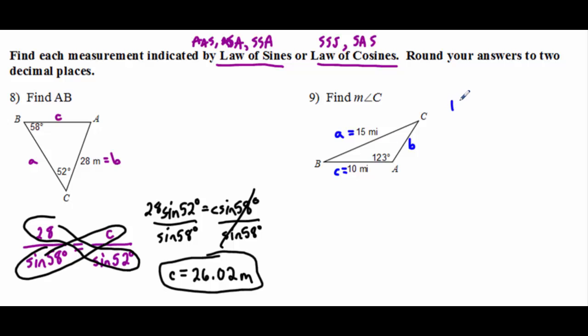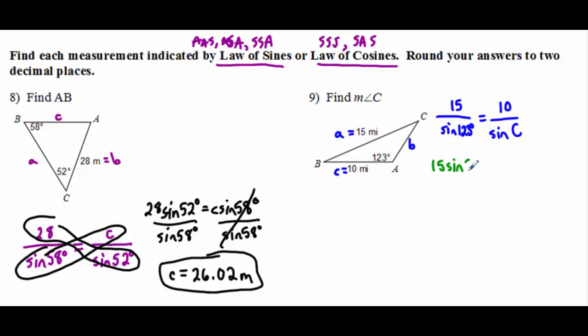So I'm going to put 15 over sine of 123 degrees equals, I don't really need B over sine B because I'm trying to find angle C, which is not a part of that fraction. So I'm just going to skip the B's and go to 10 over sine C. I'm going to cross multiply like we did on the previous problem.